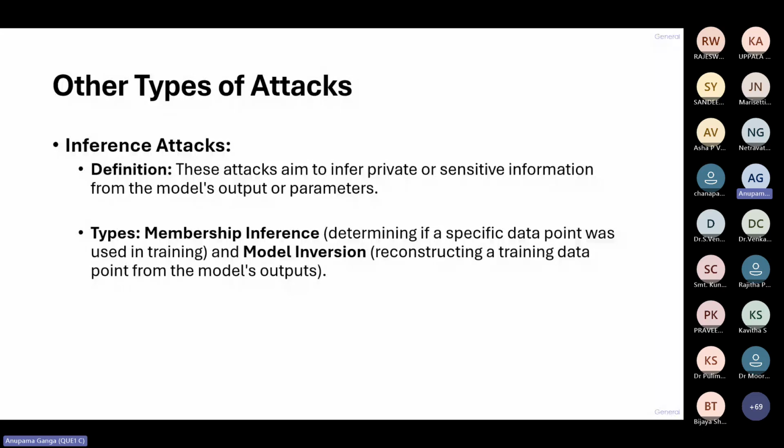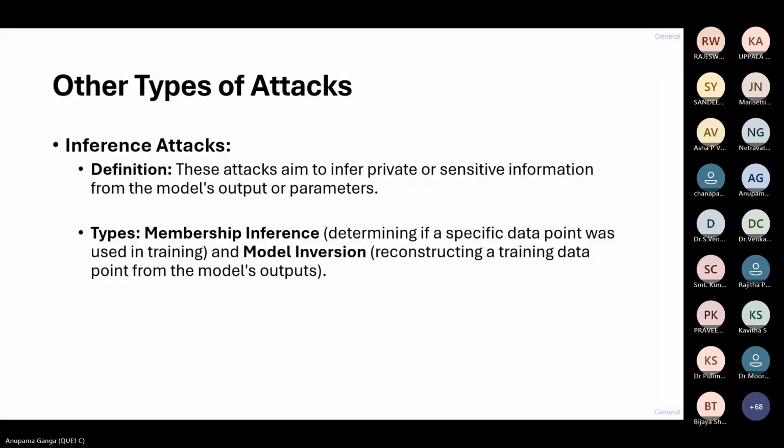Okay. So how this will work is basically an attacker will analyze the publicly available information and indirectly deduce sensitive information that is not directly accessible.